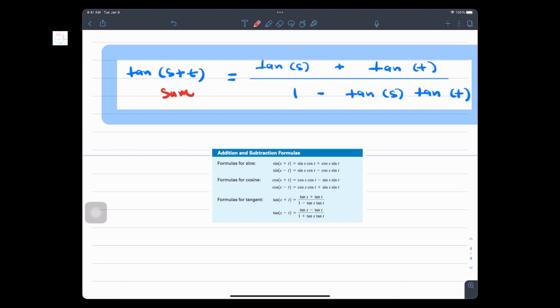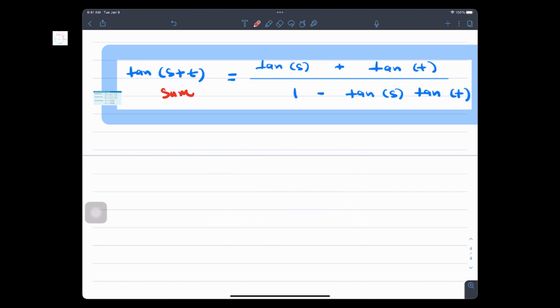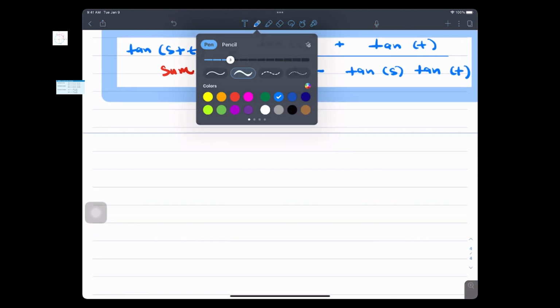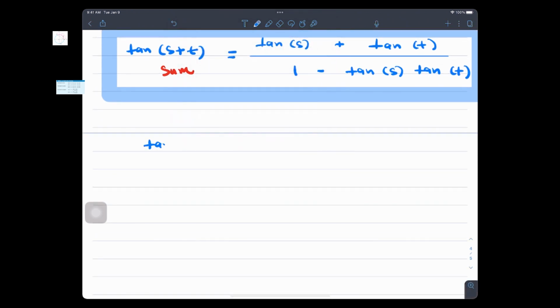Where are you going to get the difference formula? Here. We can write again tangent of the sum. Oh, no, let's write it this way.